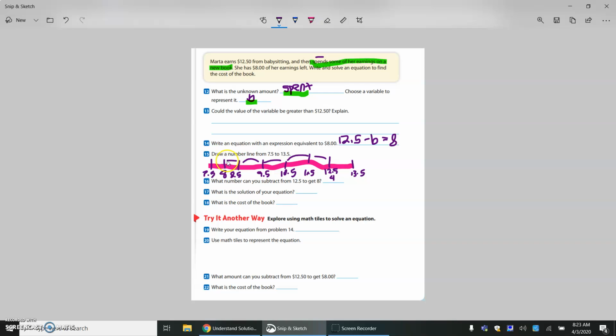This is not a full 1, so this is half. So 4.5. What is the solution of your equation? So the book costs 4.5, $4.50.